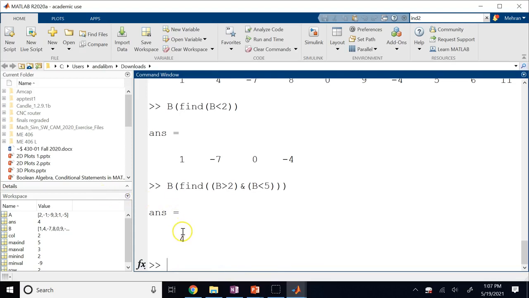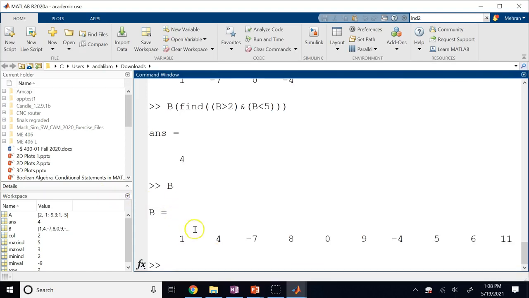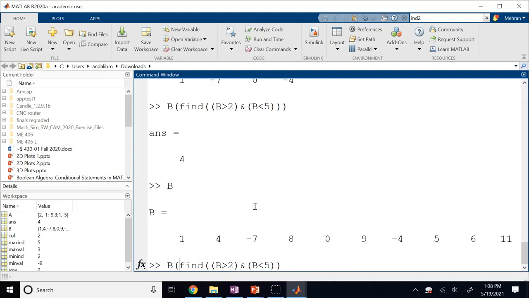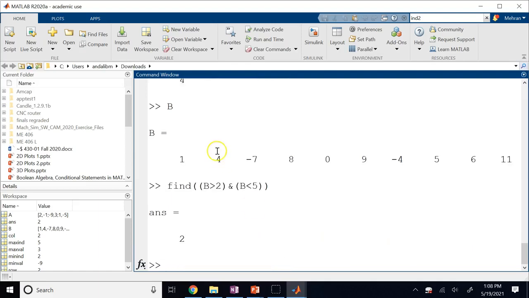And it says, hey, it's only number 4 in b that matches such a condition. Where would it happen? If you want, just use find alone. It says it is in location 2, index 2, that this condition is happening. So you can really use this powerful command find.